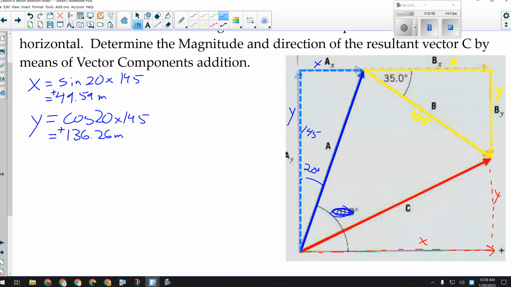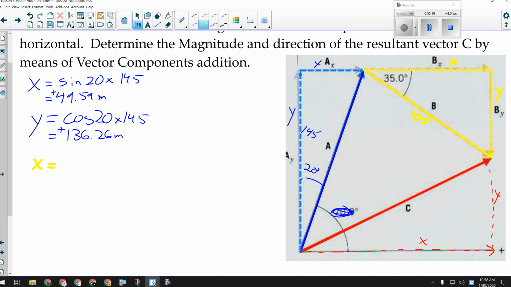All right, now I've got to do this stuff for the yellow triangle. The x component for the yellow triangle is adjacent or opposite the 35-degree angle? Adjacent, yeah, it's beside the 35-degree angle right here.